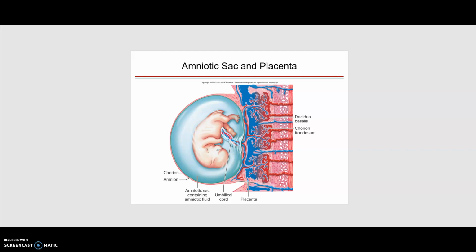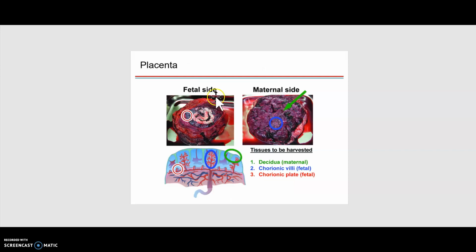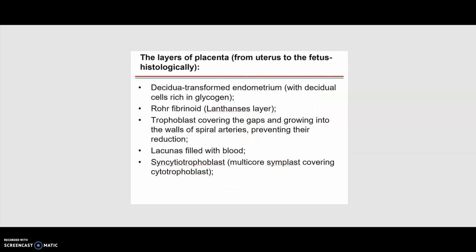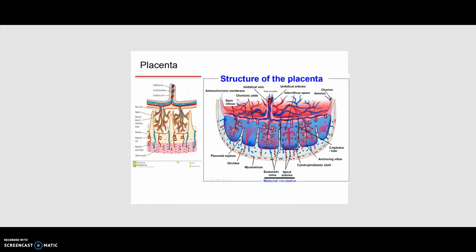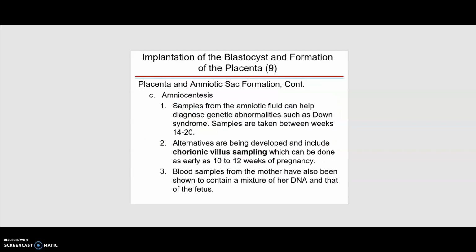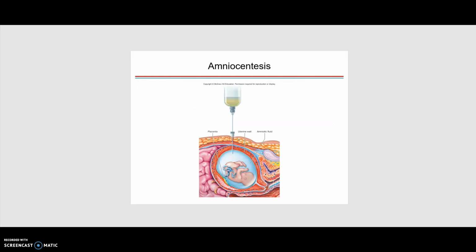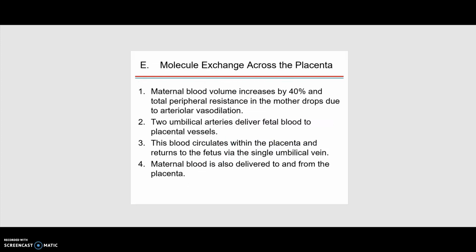I mentioned and showed you the different sides of the placenta, the fetal side and the maternal side. We discussed the layers of the placenta already. Here's another picture of that you can review in my PowerPoints. We talked about amniocentesis.